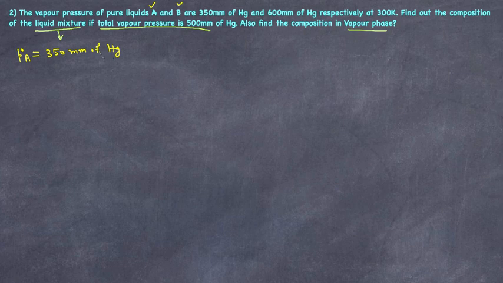That's the pressure unit they use in a barometer to measure atmospheric pressure as well. And then P naught B is 600 mm of mercury. And they also gave the total vapor pressure, PT, 500 mm of mercury.